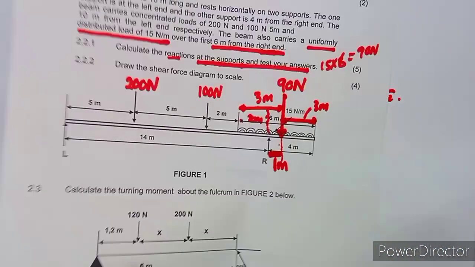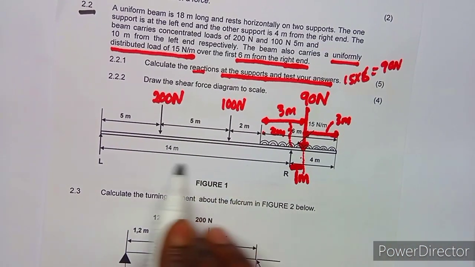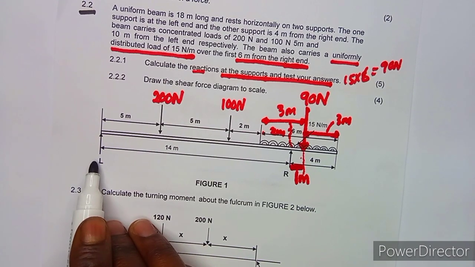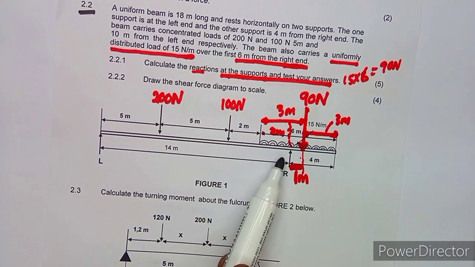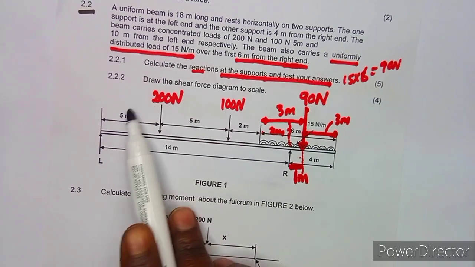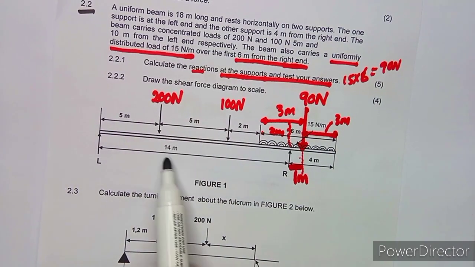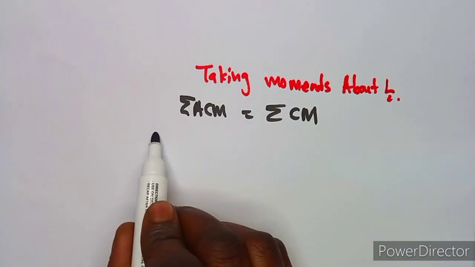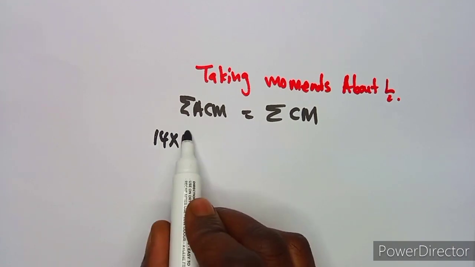From R to L is anti-clockwise. I think now we are used to this movement. So it's R times 14, or 14 times R.